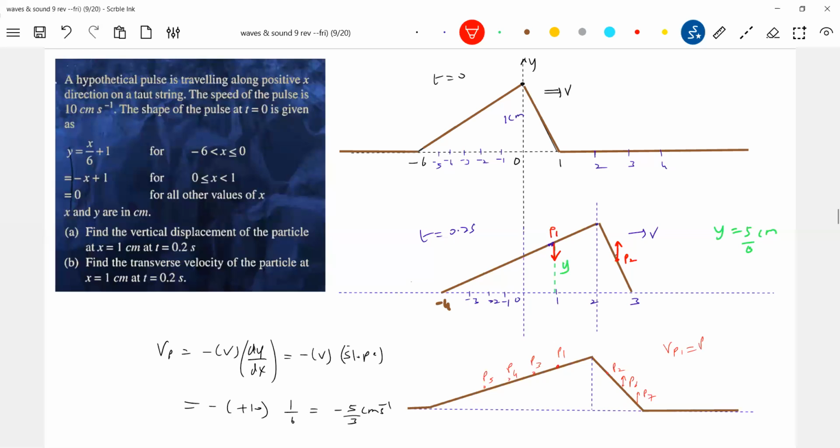Speed of all these particles will be the same. 1, 2, 3, 4, 5, 6, 7. So VP1 equal to VP2 equal to VP3.